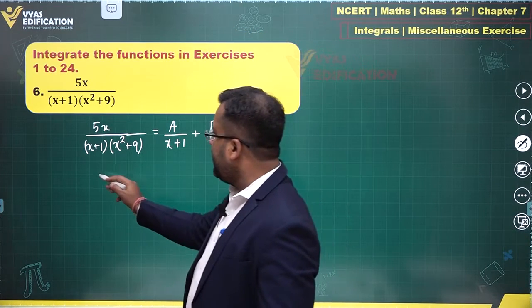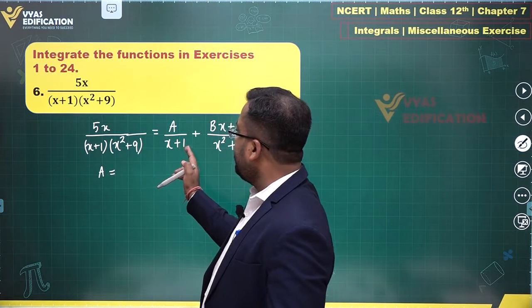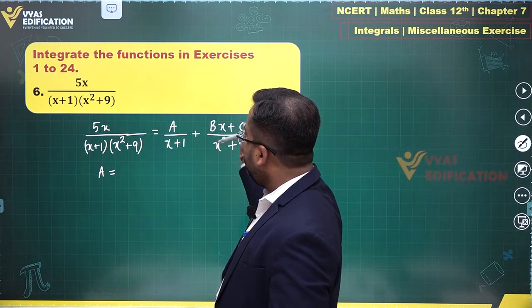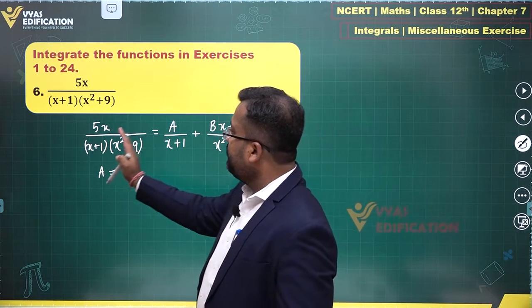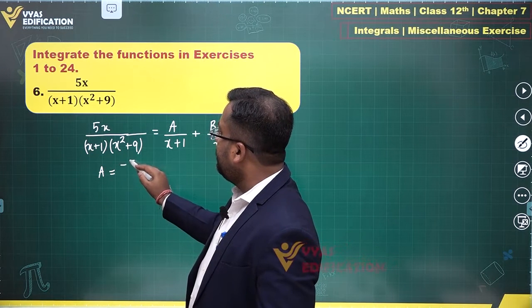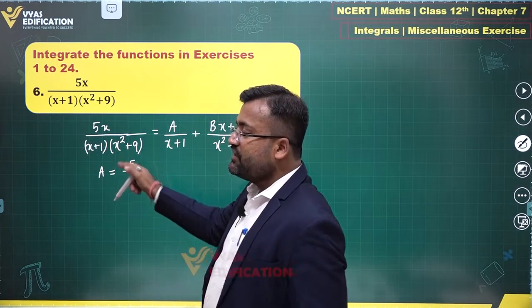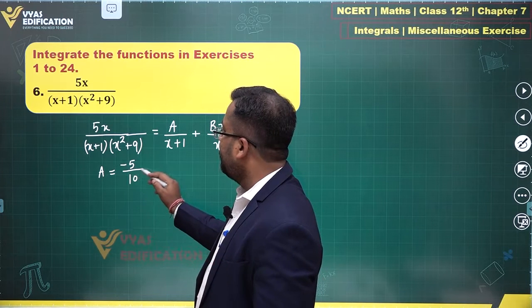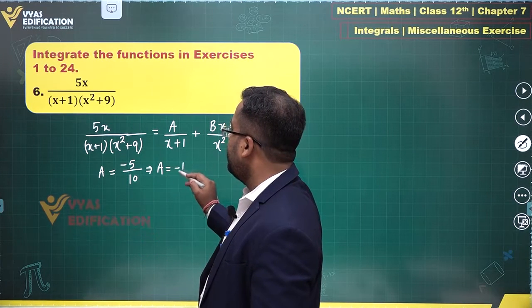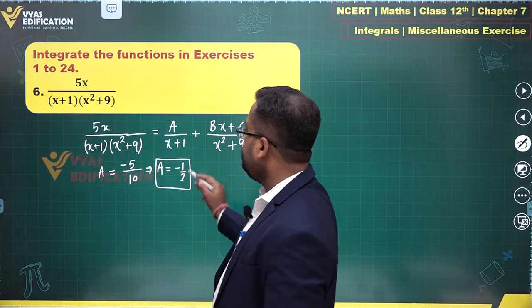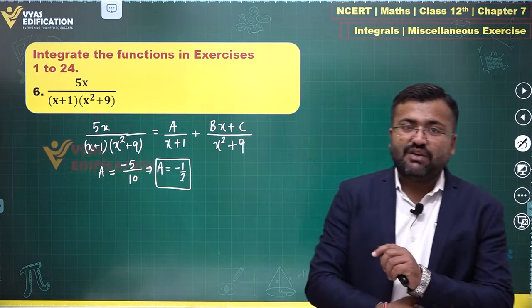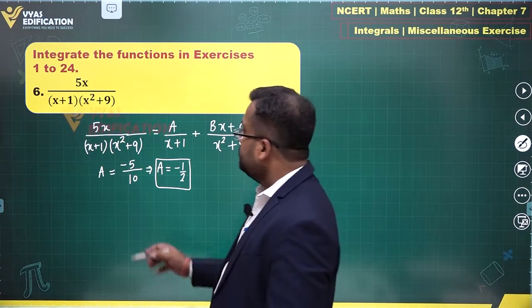The value of a can be found easily by multiplying with x plus 1 throughout and putting x equal to minus 1. This will become 0. This will become minus 5 upon minus 1 square, which is 1, plus 9 is 10. That tells me a will be minus 1 by 2. You can find b and c as well by comparing the numerators.